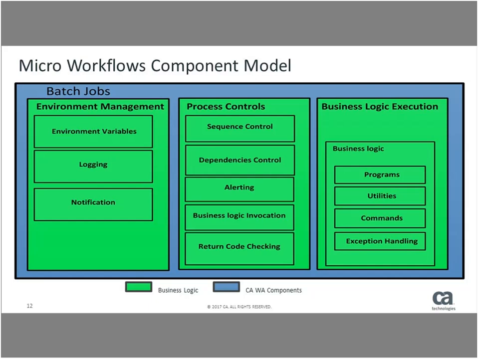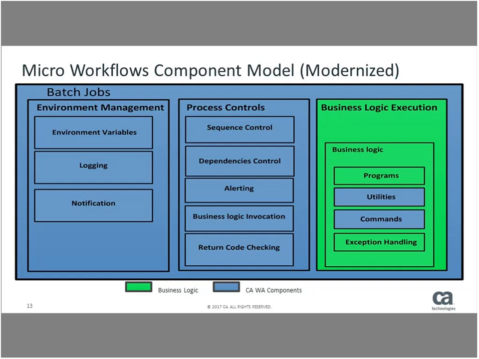So if you're doing, say, some alerting or notifications within the wrapper script, if we move on to the new, modernized model, what you've done is take all of that overhead, the environment management, the process controls, the utilities and the commands, out of your wrapper scripts or shell scripts, and you're using them just for the business logic execution.